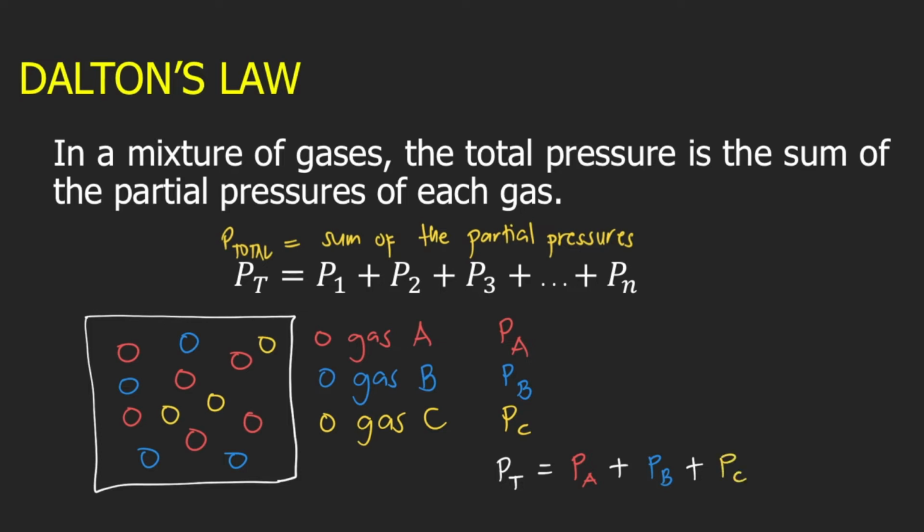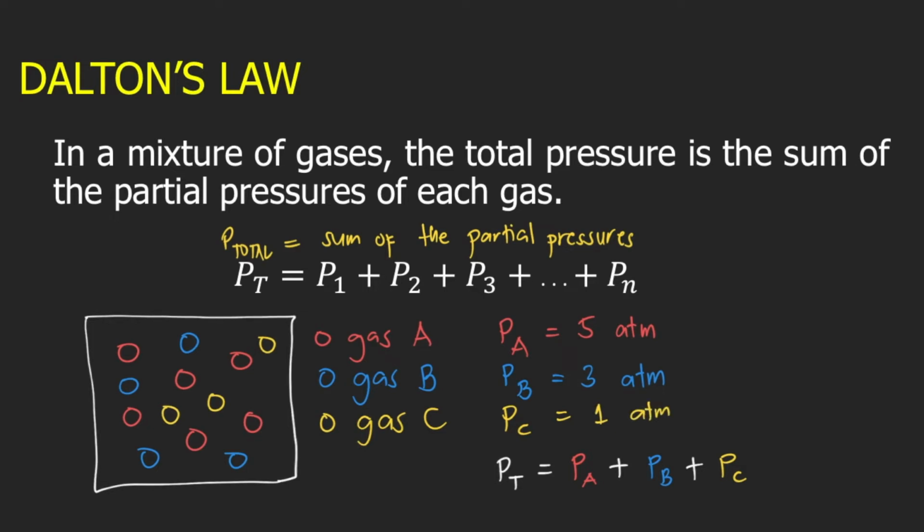Now let's say P_A is equal to 5 atm and P_B is equal to, let's say it's 3 atm, and P_C, let's say it's 1 atm.